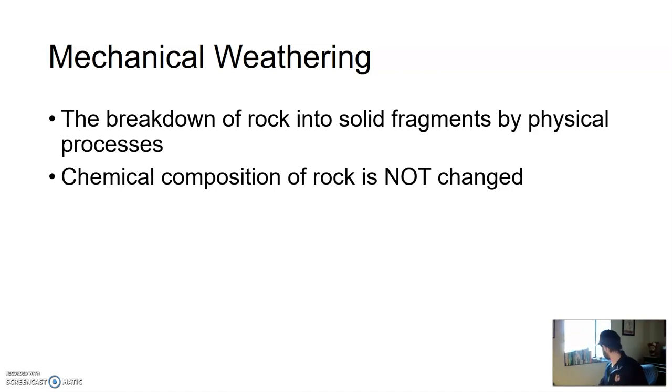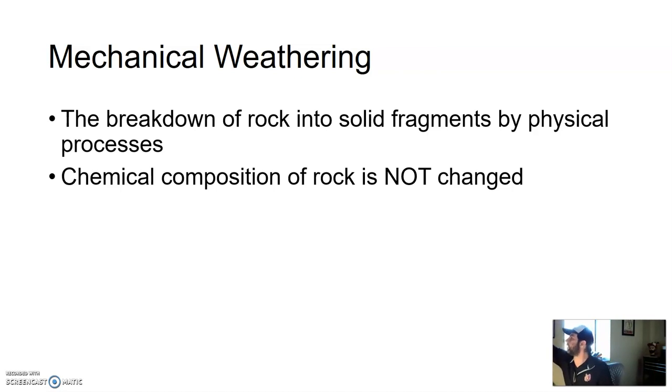So if I take this chunk of granite and hit it with a hammer, the pieces that fall off are still going to be granite, meaning the chemical composition has not changed. I would be physically attacking this thing.